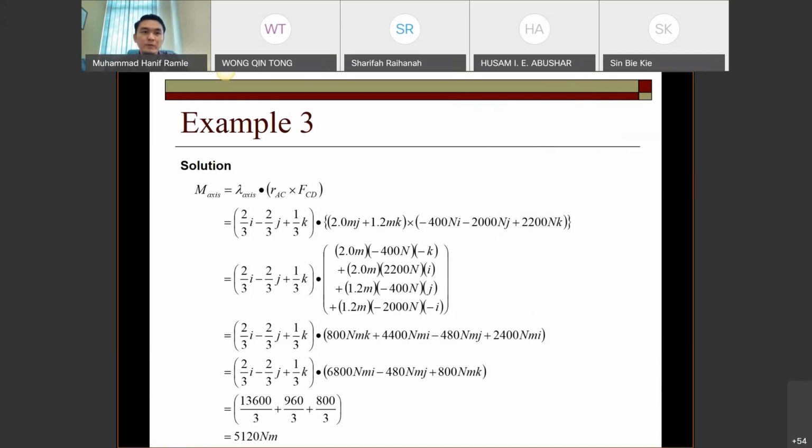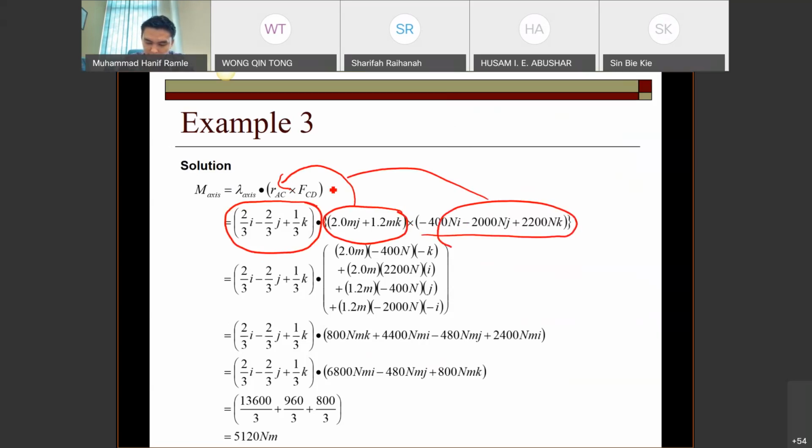Then you have to simplify, and you will get the answer for the moment of force about an axis. So this is lambda AB, this is RAC, sorry, this is FCD. So you have to cross these two, R and F, then dot it with lambda axis, and then you will get the final answer.